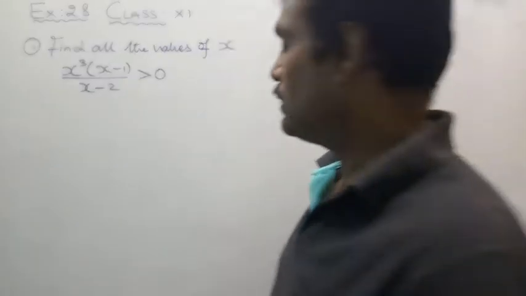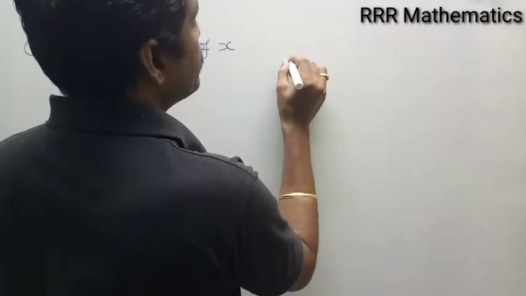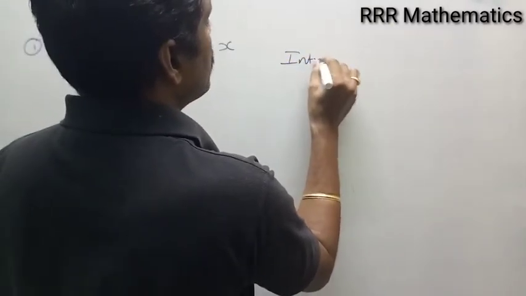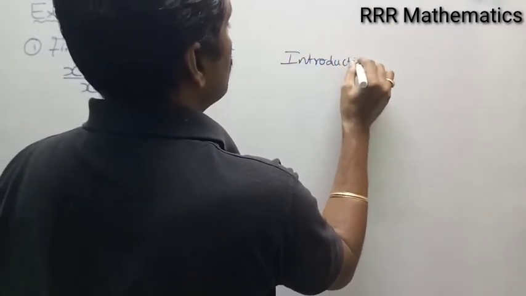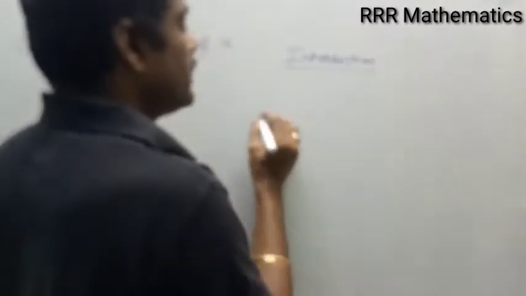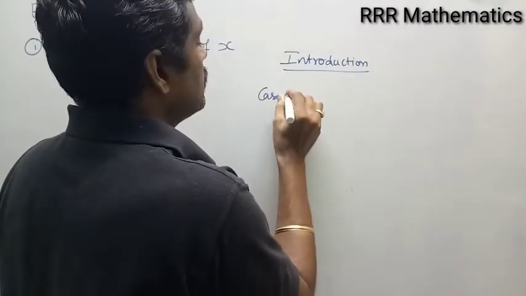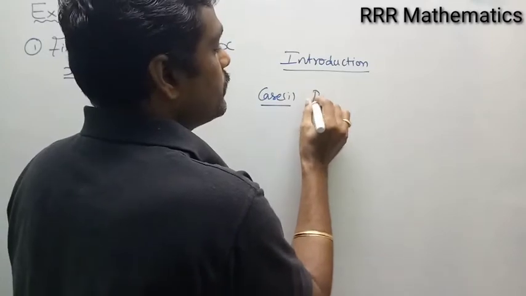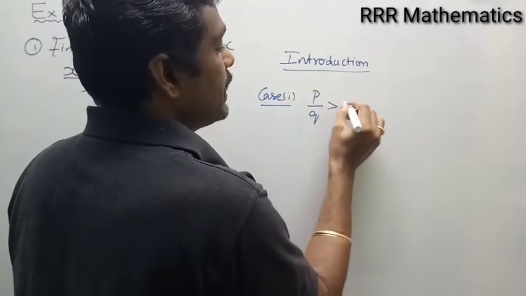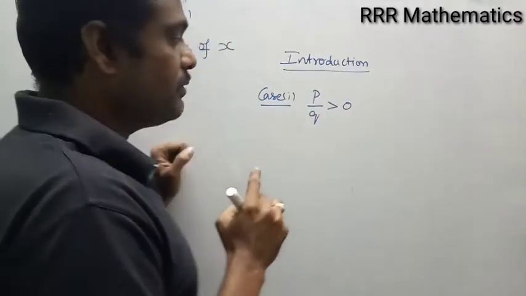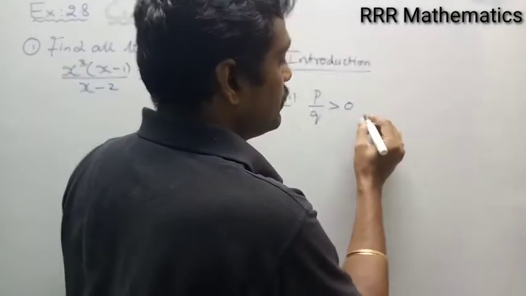So before going to solve the inequality, we have a small introduction. Let us see here. We have two cases. Case 1, p divided by q is greater than 0. I have a fraction p divided by q which is greater than 0.